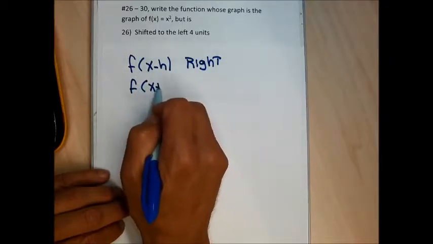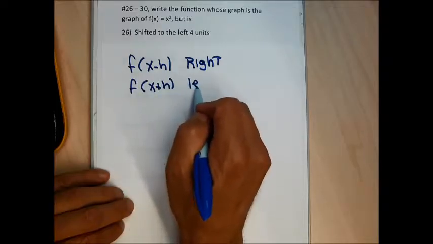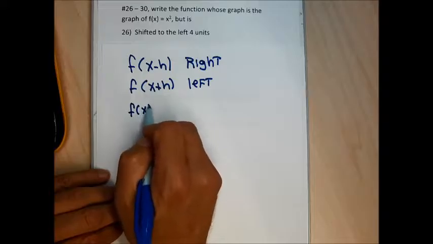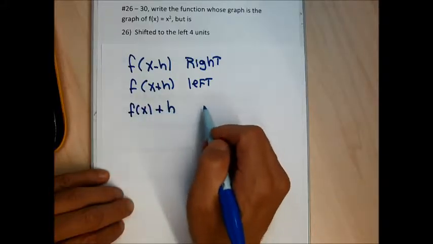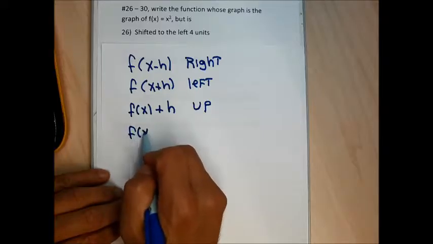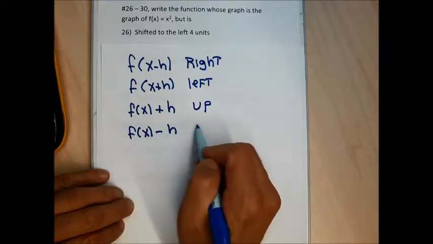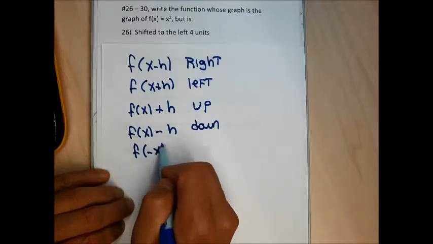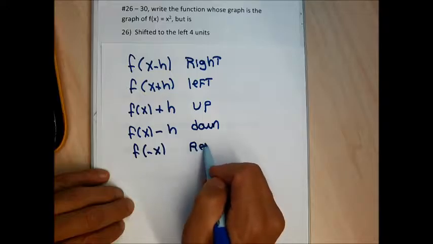F of x plus some number in a parentheses is going to shift the graph left. F of x plus a number not in a parentheses is going to move a graph up. F of x minus some number not in a parentheses is going to move a graph down. And f of negative x is going to reflect over the y-axis.